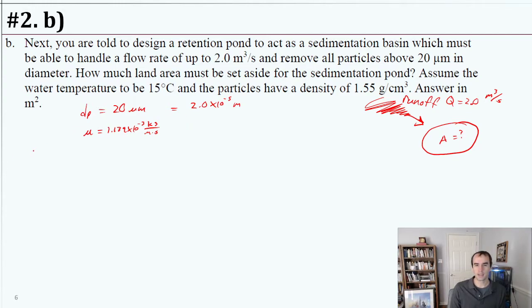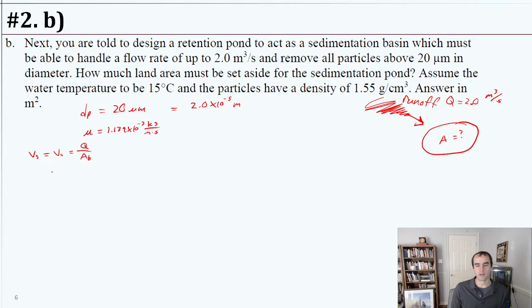We know that to design our system, we're going to be at a case where our sedimentation velocity is equal to our critical velocity. And we define our critical settling velocity in terms of Q and A_B, so that's going to be the flow rate divided by the area of the basin.